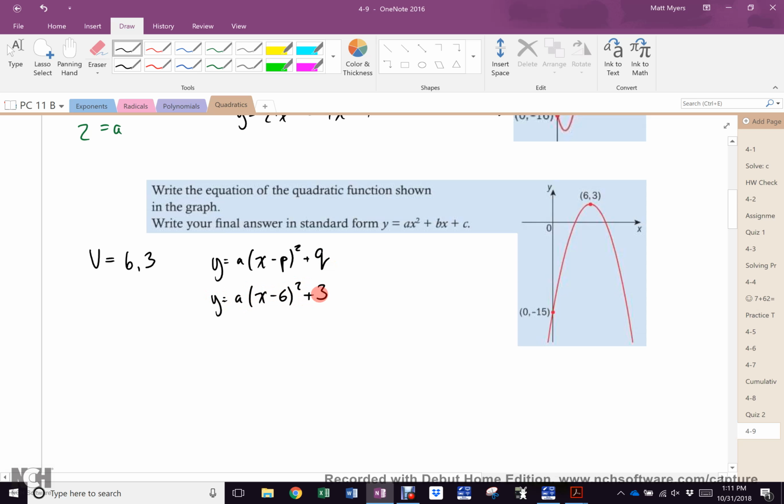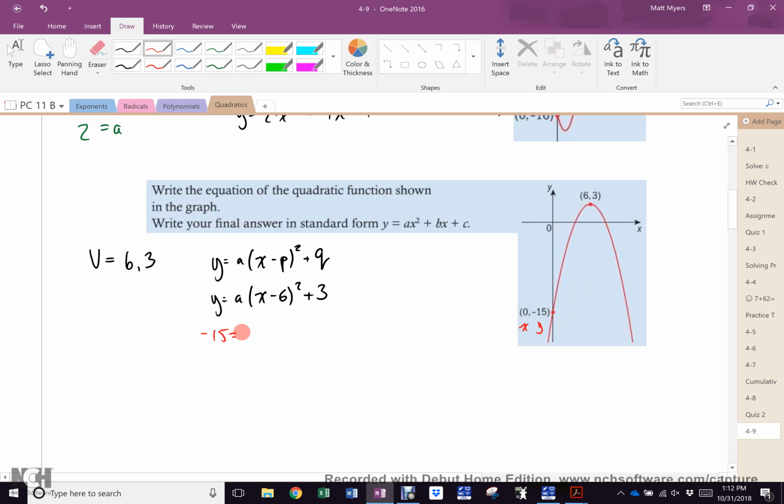Can I fix this up now? Because I still don't know a, do I? But can I fix it up? Why? Because I got another point. And that point is made up of an x and a y. So what can I write right here?